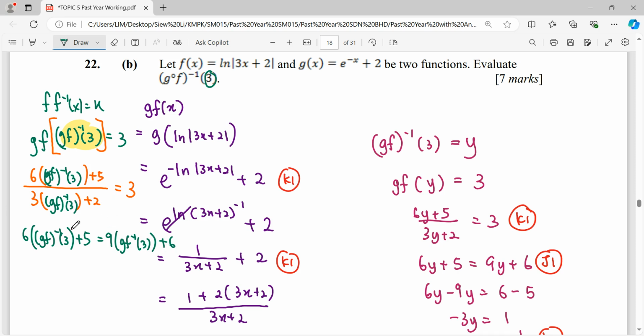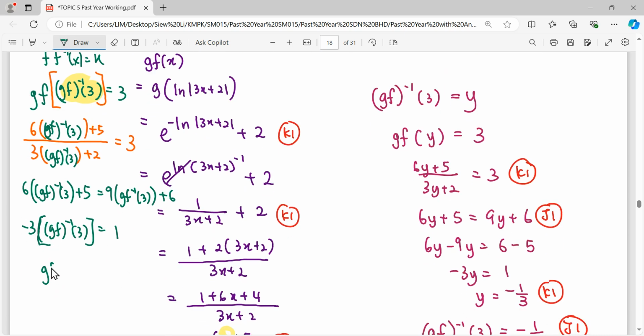Then we gather our gf inverse 3 here. So move this 9 back to the left hand side. It gives us negative 3 for gf inverse 3. Then the constant 5, we move it, it becomes 1. So lastly, our gf inverse 3 is equal to negative 1 over 3.